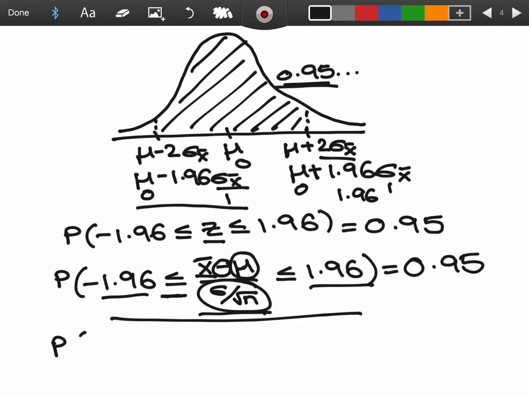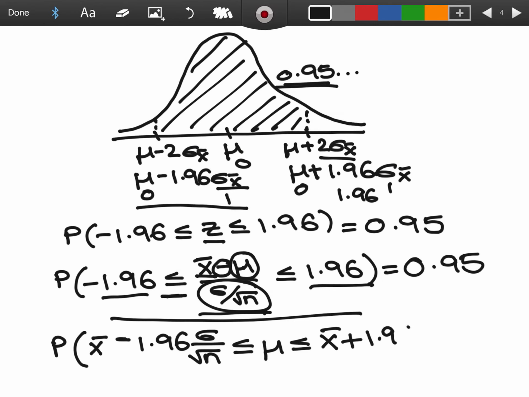But what you should get within this probability is this formula. As I said, if you have any issues with that, let me know, but you can work that through. So now what you can see is that there is a probability of 0.95.